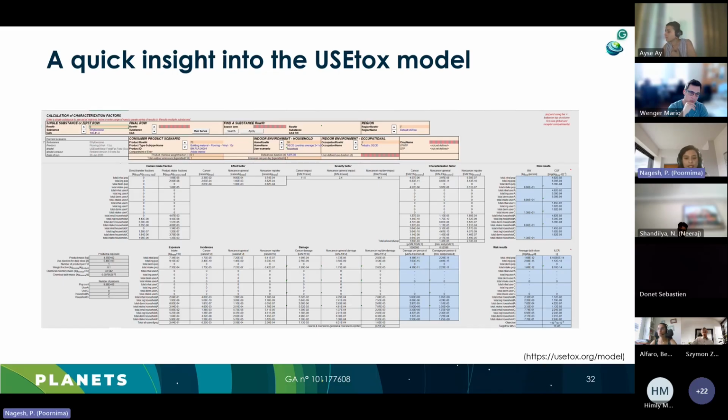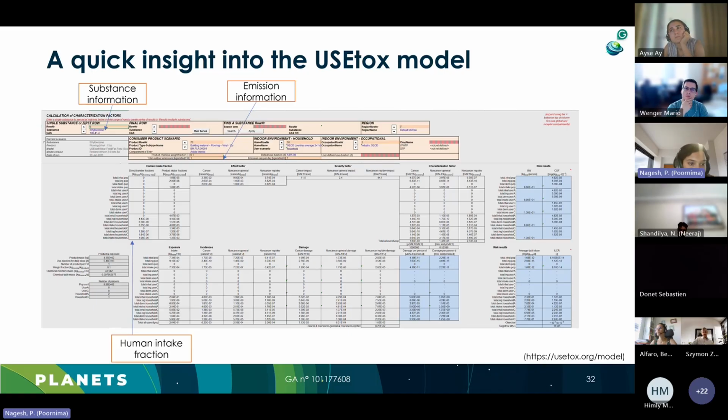And similarly, in the same interface, you can also calculate human exposure. It's the same component. There is substance information and the emission information that needs to be inputted. Based on that, you can calculate the human intake fraction, which is basically that you can assess the total amount that can be inhaled or taken in through ingestion or also through dermal exposure.